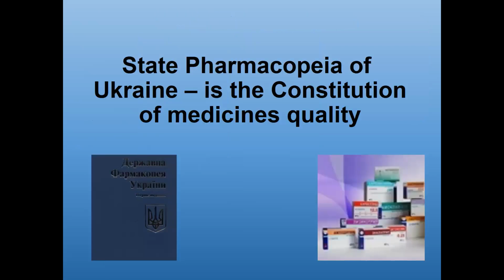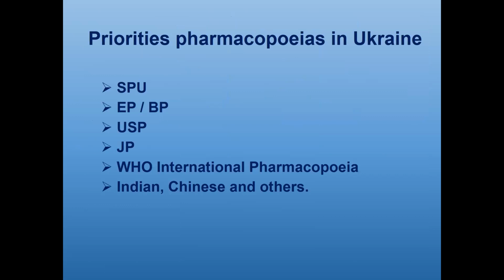The State Pharmacopoeia of Ukraine is the constitution of medicine's quality. You can see priorities of different pharmacopoeias in Ukraine.